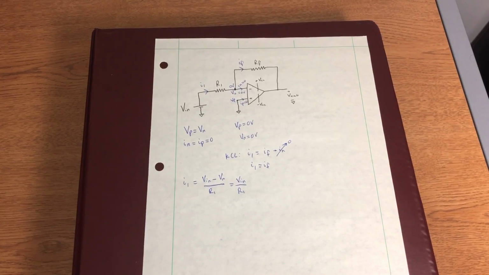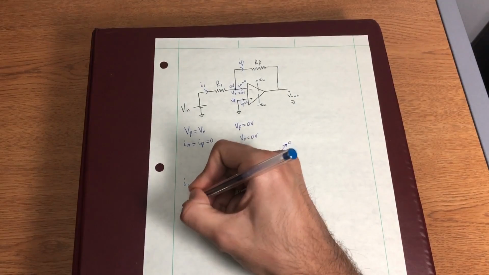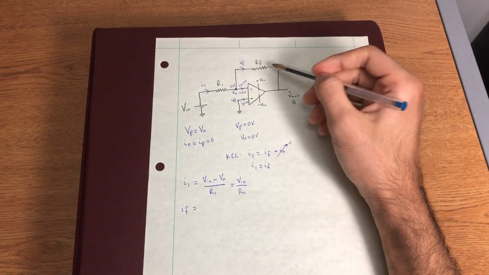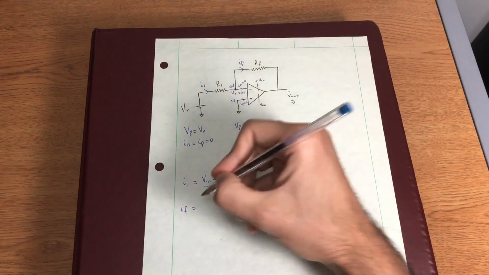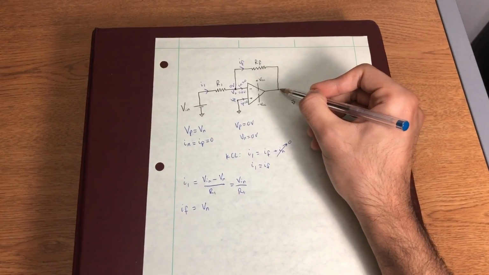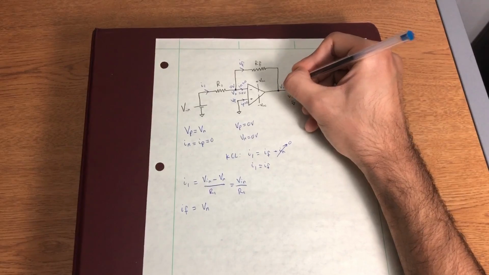Let's do the same thing for the feedback resistor and the feedback current, IF. IF is equal to the voltage across this feedback resistor, which is equal to Vn at this end minus our output, which we can label right here as Vout.